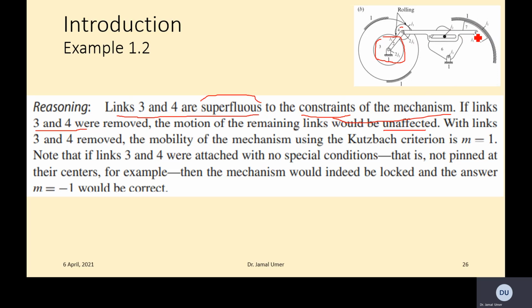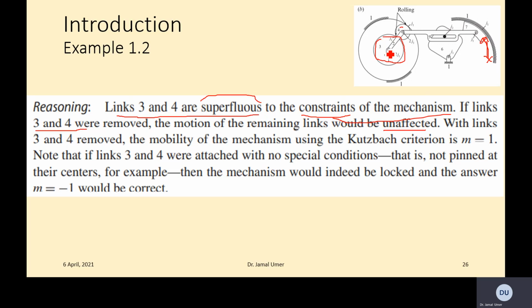The movement has to go up and down regardless, so it has nothing to do with these two assemblies, this drum and this drum. Just imagine it moves up and down; it can move.